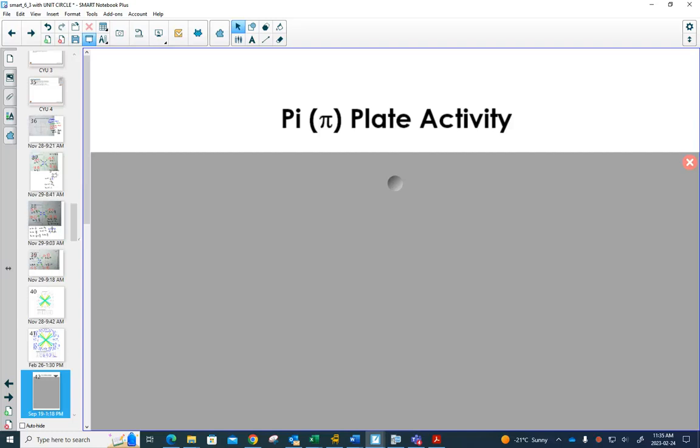There's another one that actually painted a pie on the front of their unit circle, with all the information at different places, nicely organized, clean and easy to get the information off of it.